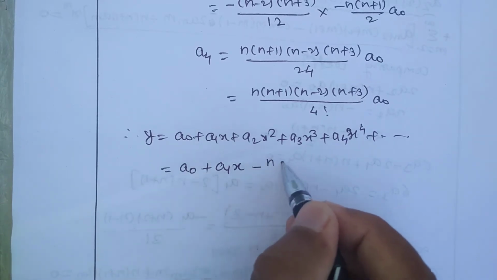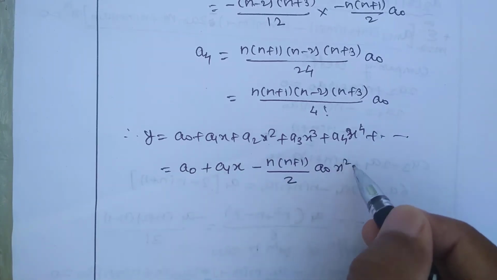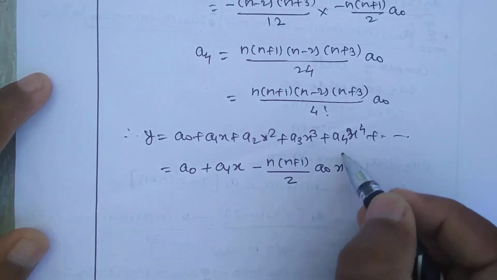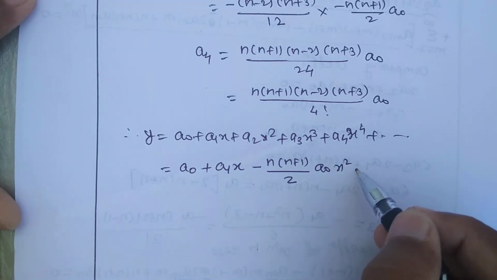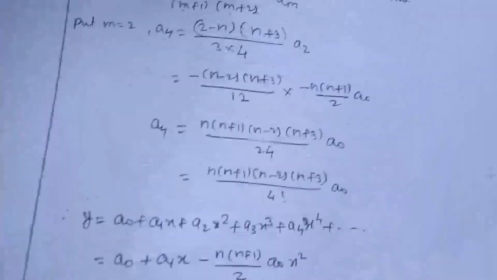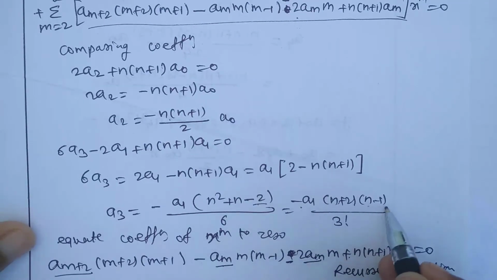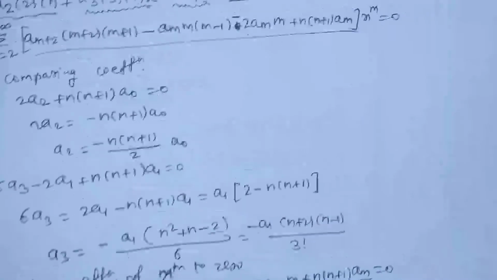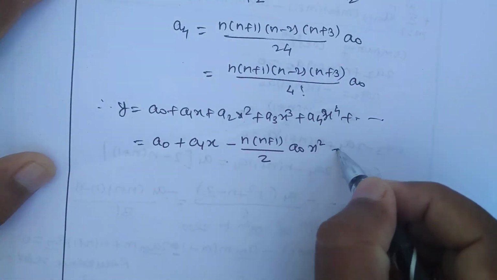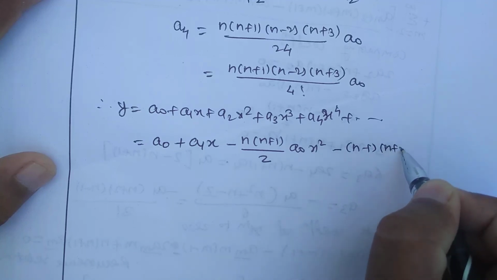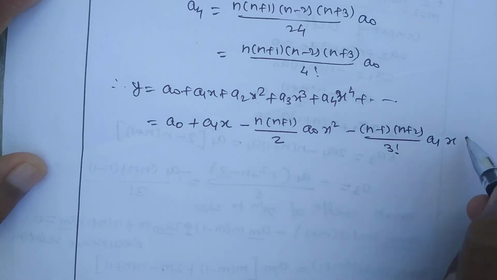What is the value of a2? a2 is minus n into n plus 1 upon 2 a0 into this x square. Then value of a3 is equals to, see, a3 is minus times n minus 1 n plus 2 upon 3 factorial a1 into x cube.